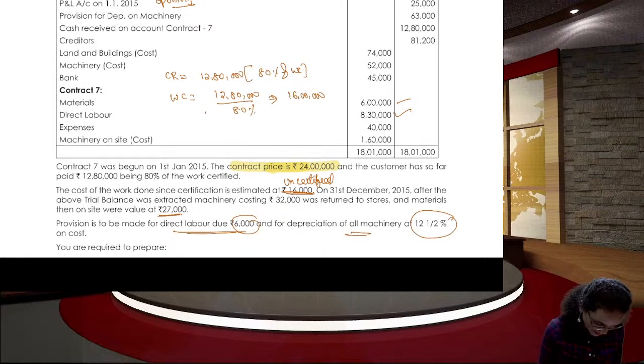Opening machinery is given. Closing machinery is this one. Machinery at cost, and here the provision is this one.